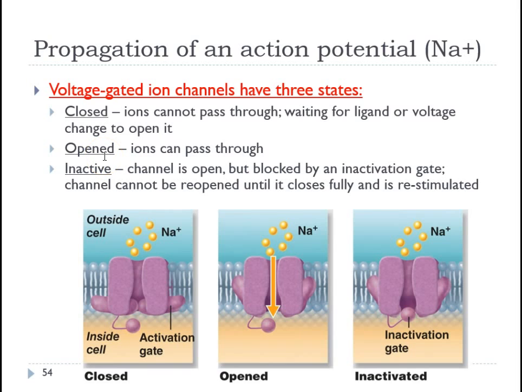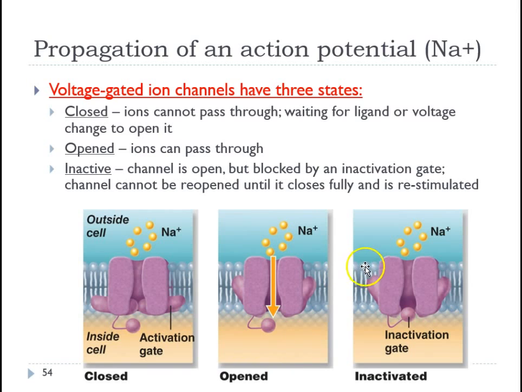When voltage hits a certain potential, see these little areas of the protein? They're going to move out of the way. And by moving out of the way, it creates an open gate. See, now the gate is open. So now ions can pass through, going from a high concentration to a low concentration. So these guys are definitely rushing in.